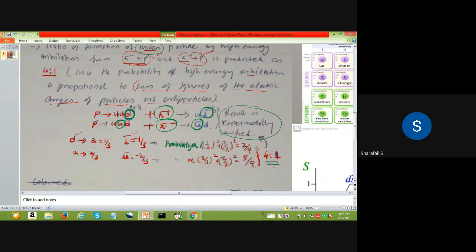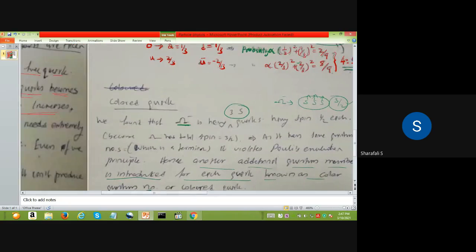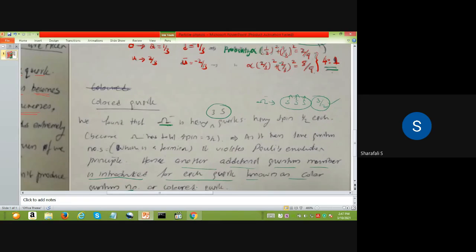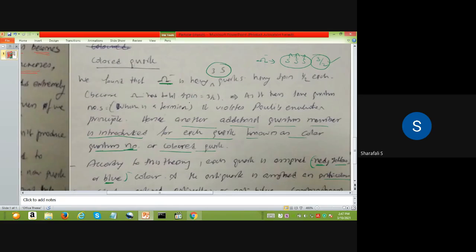Because of this violation of Pauli's exclusion principle, we introduce another quantum number, or another concept, associated with each quark, which is known as the color quantum number, or colored quark.